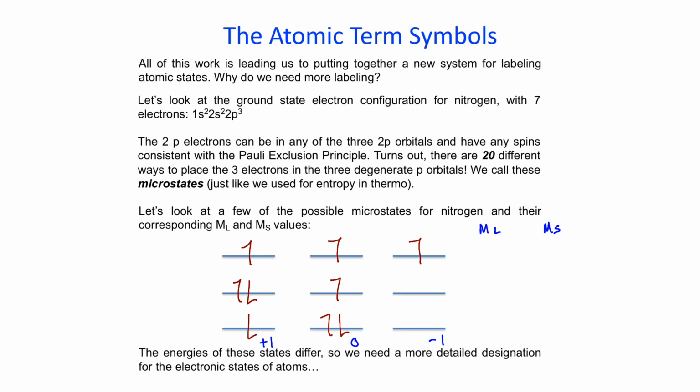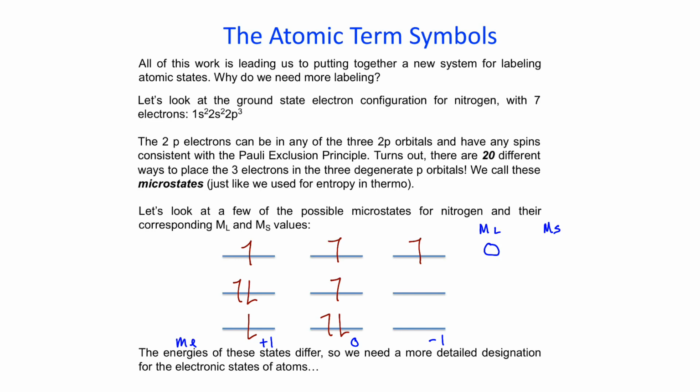Okay. All right, so for this first example, for our M sub L, let's add up all our little m sub l's. Remember, these are little m sub l's labeled down here. So we have +1, +0, -1. If we add all those up, we get an overall big M sub L of 0.